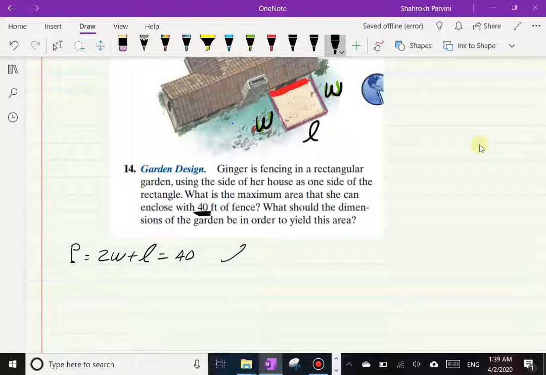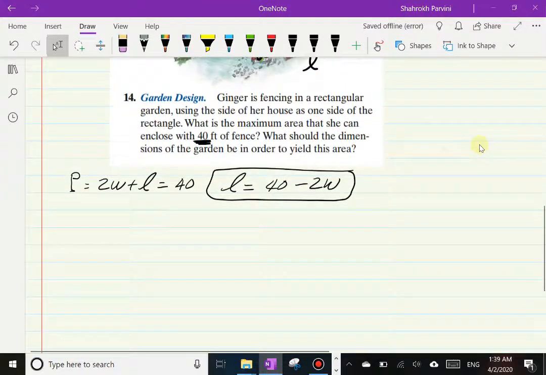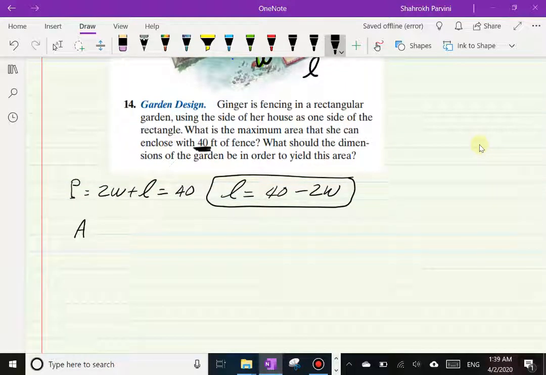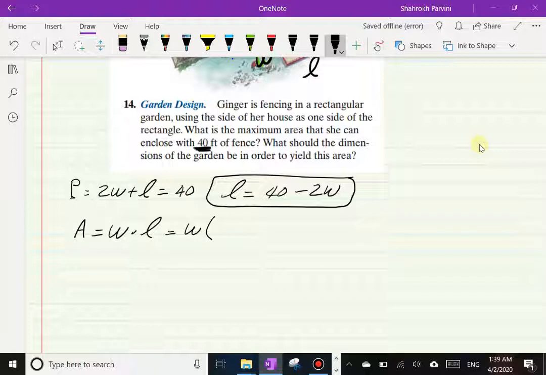And again, I'm going to solve for L. L is going to be 40 minus 2W, right? So we have solved for L. Now, let's write the area. The area is going to be width times length, true? Now, I'm just going to replace L with 40 minus 2W.